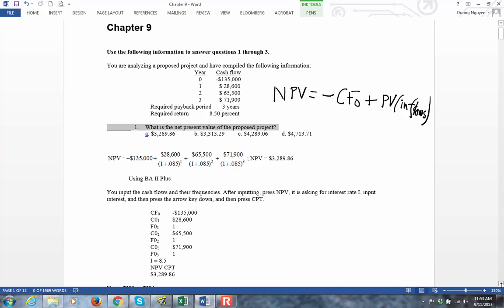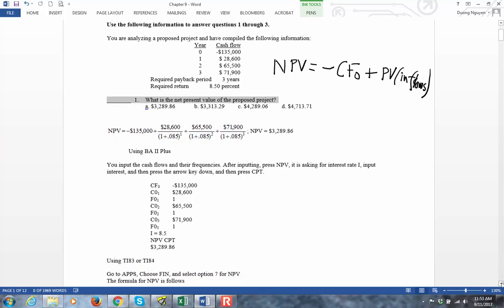Now, calculating NPV using the formula is a little long, and so most of the time, once you understand how to calculate NPV, you should use a financial calculator to do that.